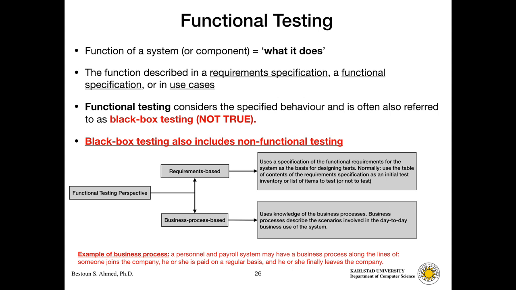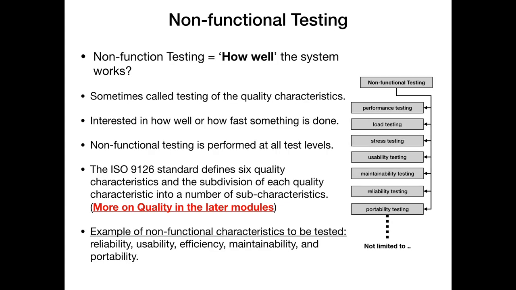The business process-based testing is basically using knowledge of the business process. This is a kind of testing that you perform based on knowledge that is not available inside the document, but is a business process that you have to cover. For example, for employees or whatever it is inside the company, you have some specific cases that are not available in the requirements, but you have the knowledge of these cases and you want to test them.